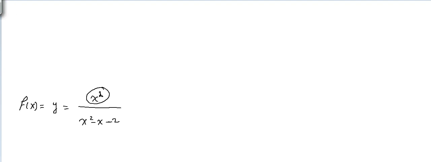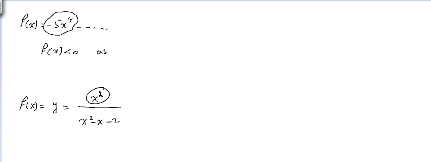Before I start, I would like to mention something I did in video part 3, graphs and functions. I said that f of x, when it was minus 5x squared and so on, when we said this is the dominant term, which is the term with highest exponent, I said that f of x is negative as x approaches negative infinity, or as x approaches positive infinity.